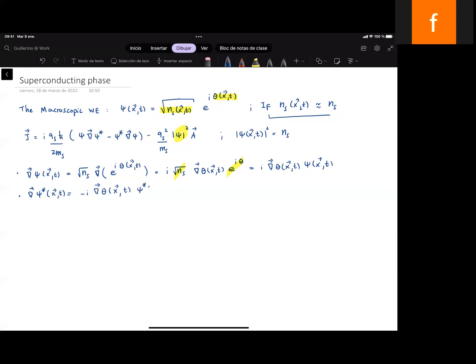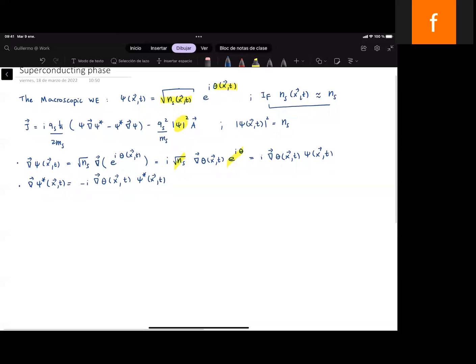And then we plug these two equations into the superconducting density current. We have i q_s h bar over twice m_s. So psi is square root of n_s, and the gradient of psi conjugate.